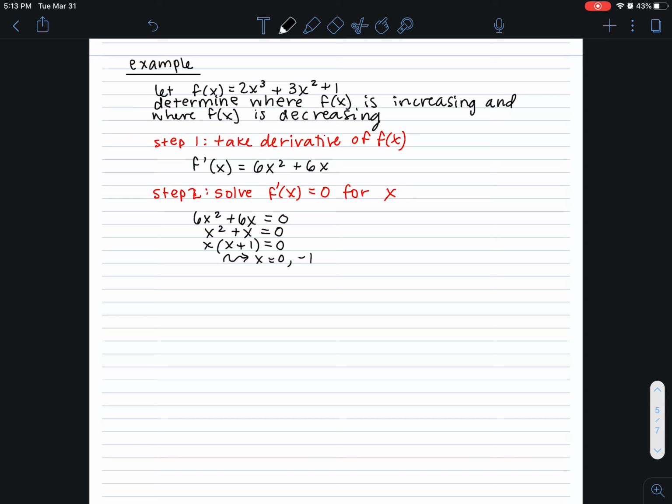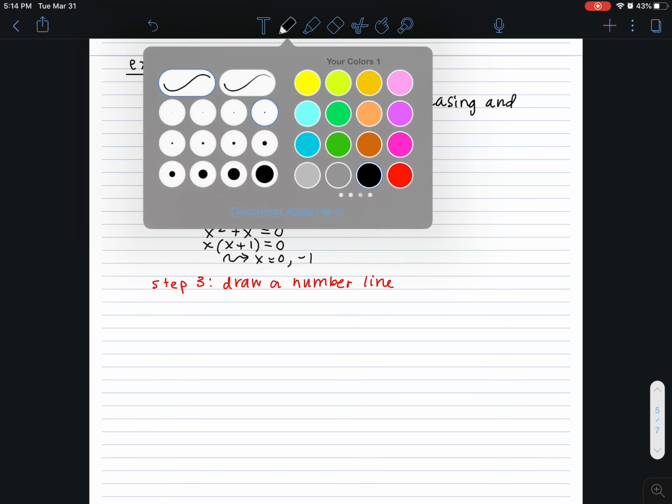Okay, so now for step 3, I always draw a number line. You don't have to if you can picture it in your head, but I know I'm a very visual person and a lot of you guys are visual people, so I highly suggest drawing a number line.